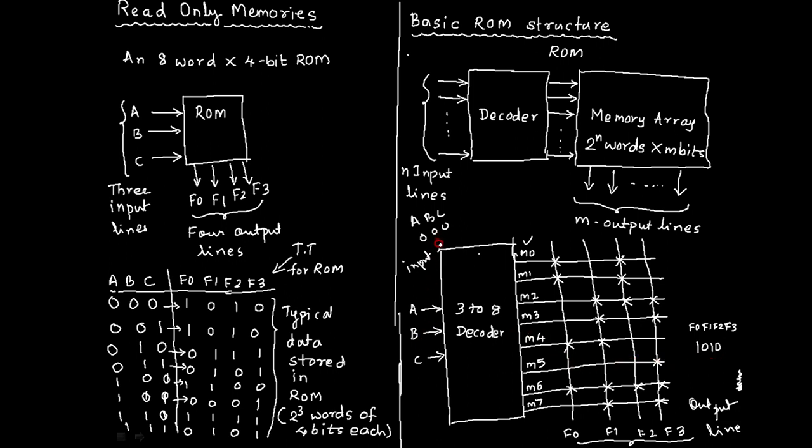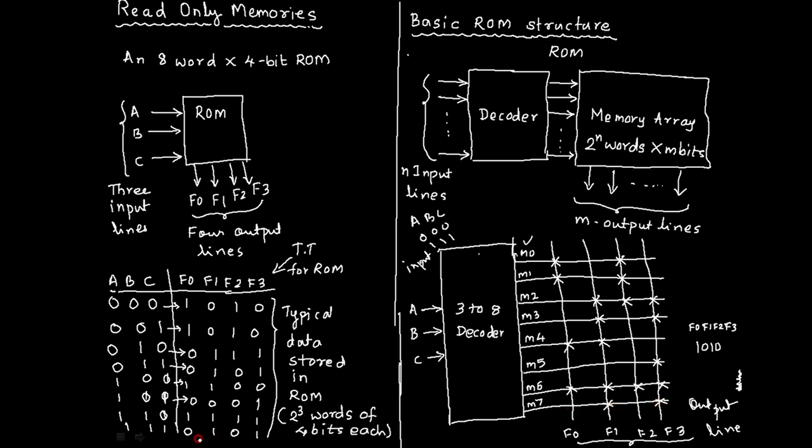Similarly, when input combination is 1 1 1, these input combinations are connected to the decoder, and the decoder will select a particular row where outputs are stored. So when 1 1 1, it will point to M7. What is the value stored here? X mark indicates 1, so 0 1 0 1.